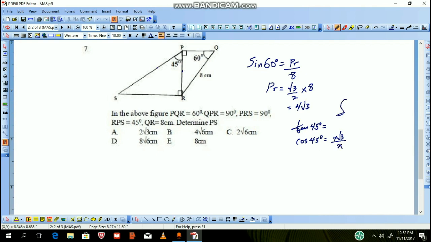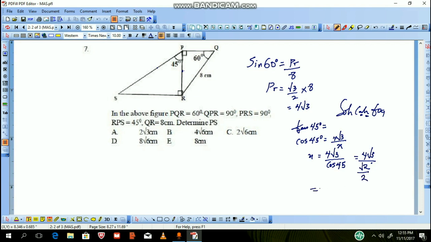Adjacent over hypotenuse from SOHCAHTOA. Cos is adjacent over hypotenuse. Therefore, x is going to be equal to 4 root 3 over cos 45. Cos 45 is root 2 over 2.